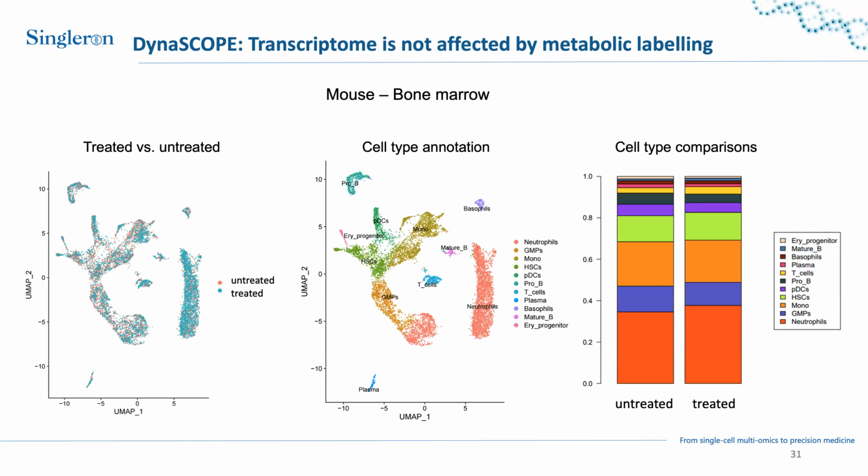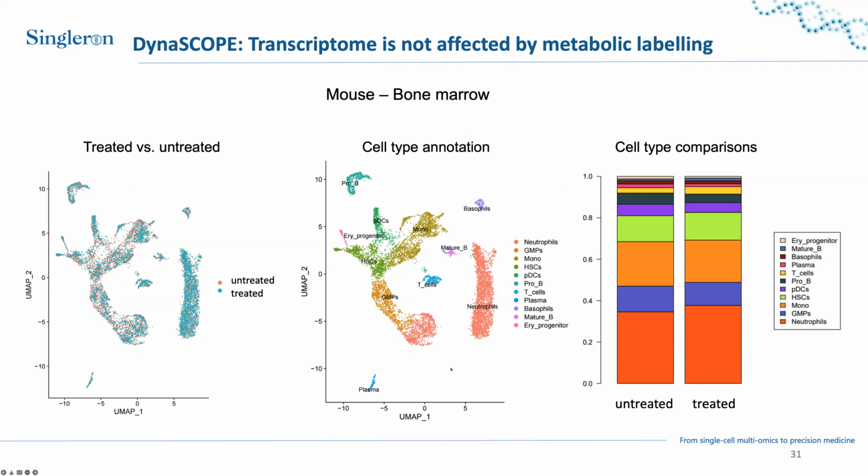Then here you can see that we compared treated versus untreated cells. Again, this is a bone marrow sample from mouse, and you can see in this UMAP clustering that the untreated and the treated cells overlap very nicely.